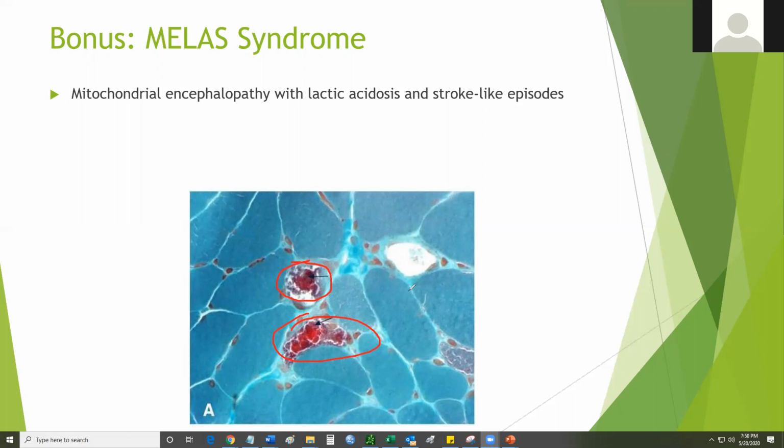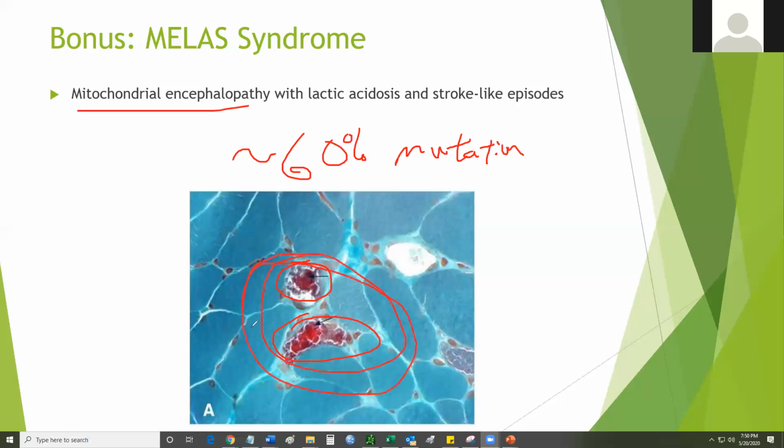If you had all of your mitochondria like this, you would die because you cannot make ATP through oxidative phosphorylation. When you are symptomatic for a mitochondrial disease, you typically have about a 60% mutation rate, meaning that 60% of all of your mitochondria look like this. They are all defective.